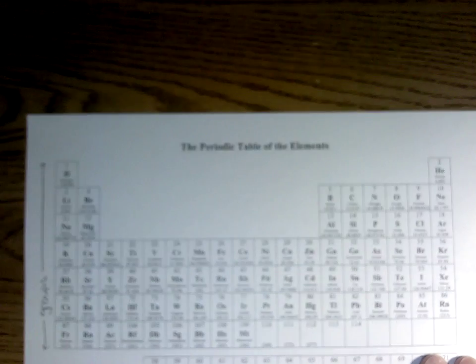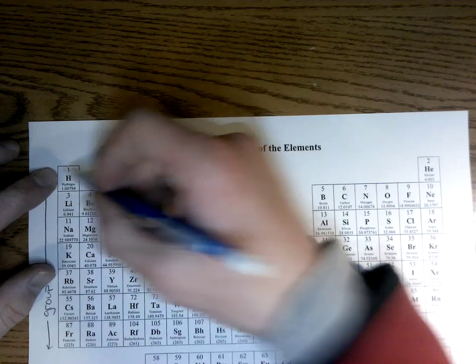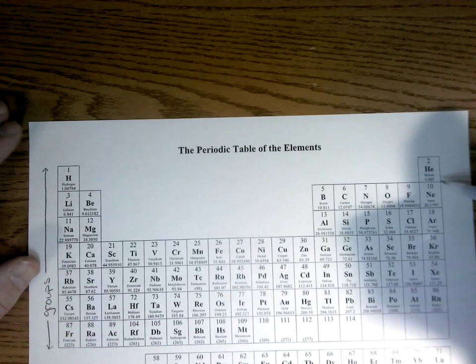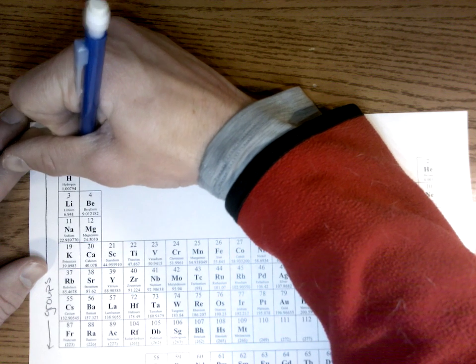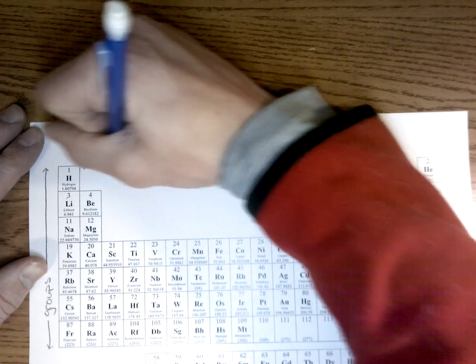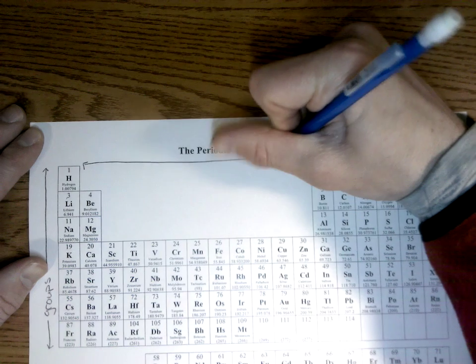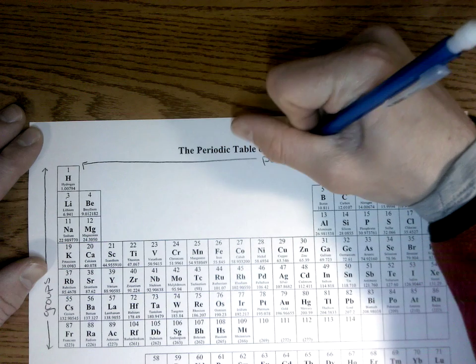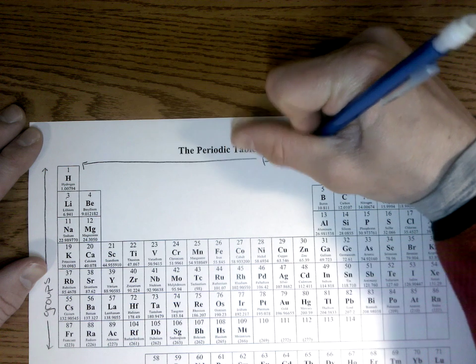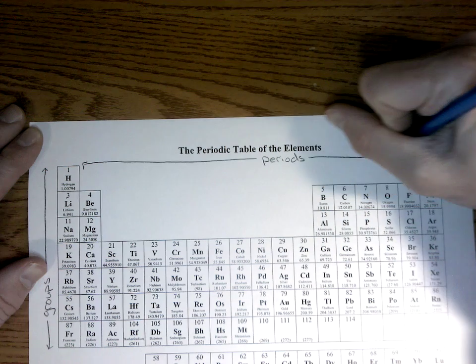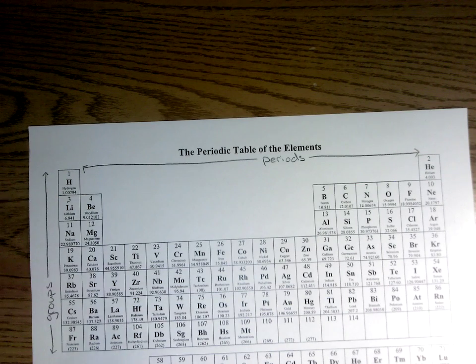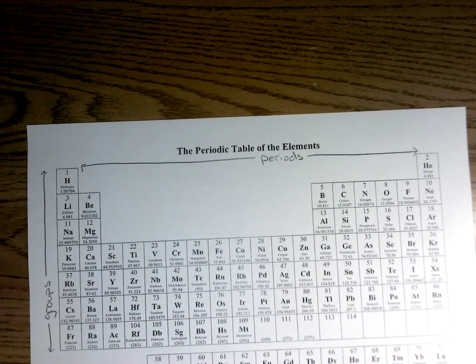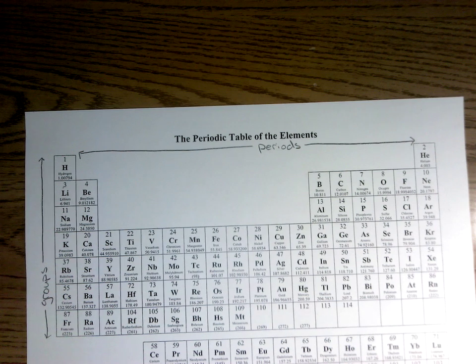And then your left to right sides, if we move from left to right in one individual row, these are the periods. And I'm going to draw an arrow once more. And these would be referred to as our periods. Now, what you may also encounter, and I'll often talk about this too, groups can be called families. And we went over that on the other page of notes.